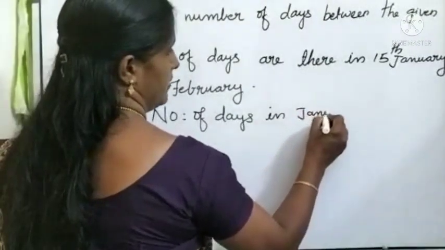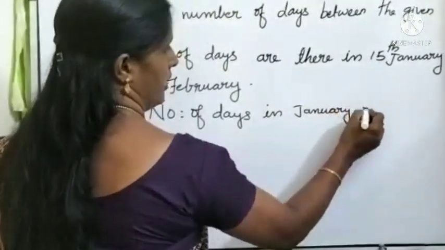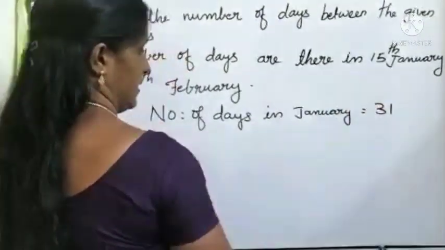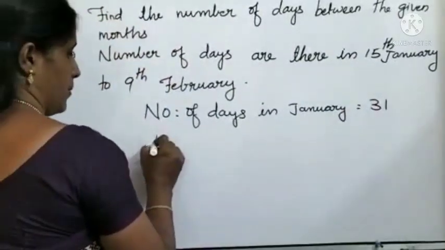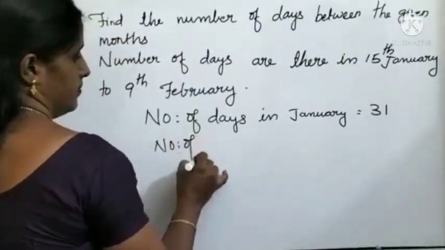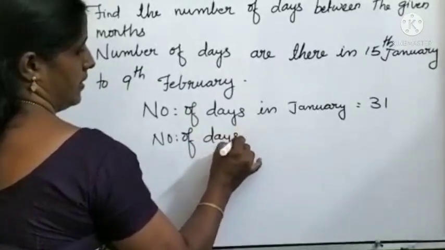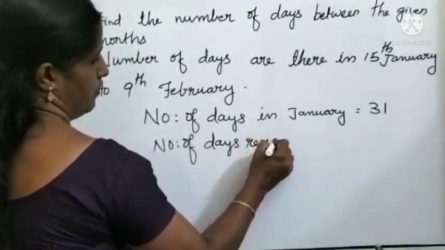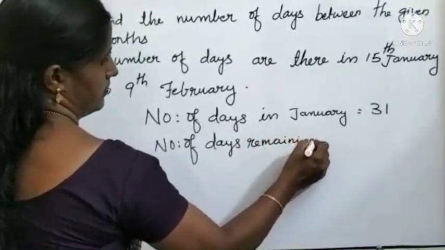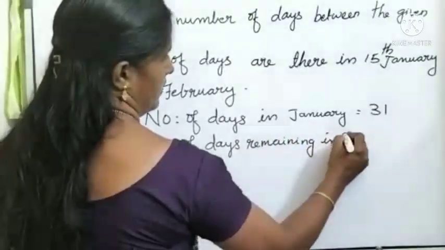How many days? Yes, already we know that is 31 days. But how many days remaining in January?